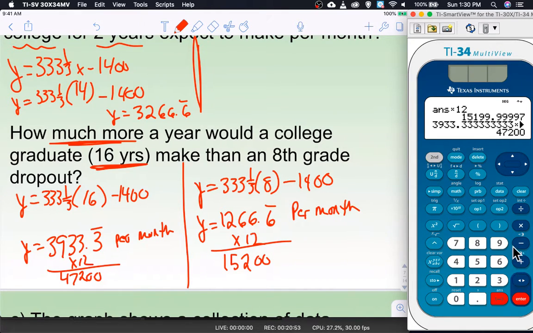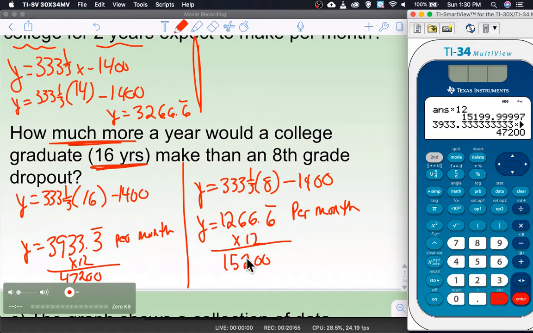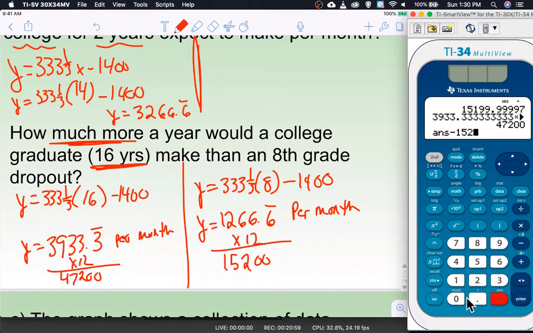I'm going to take the college graduate and subtract the 8th grade dropout, and we get a difference of $32,000 on the nose. So per year, it's expected that a college graduate with a bachelor's degree would make about $32,000 more a year than an 8th grade dropout.